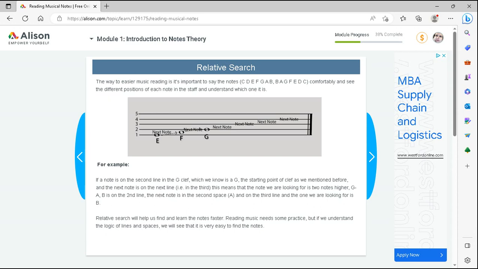The next note is the second space, A, and on the third line, the one we're looking for is B. Relative search will help us find and learn the notes faster. Reading music needs some practice, but if we understand the logic of lines and spaces, we will see that it's very easy to find the notes.